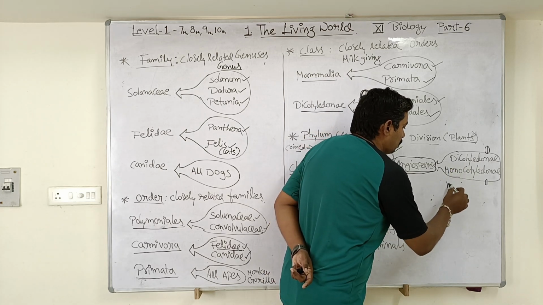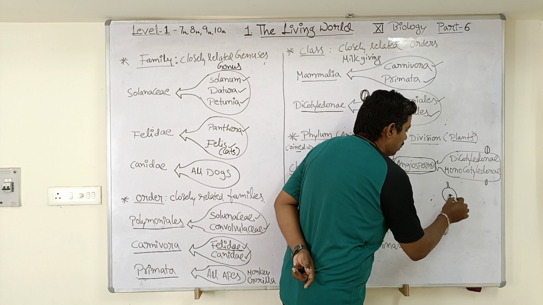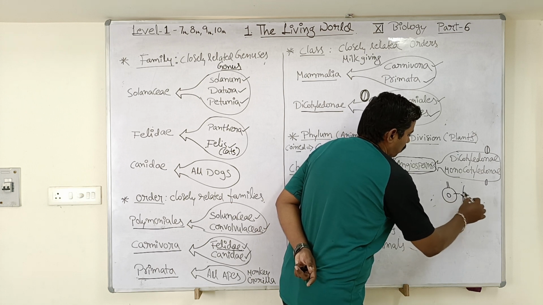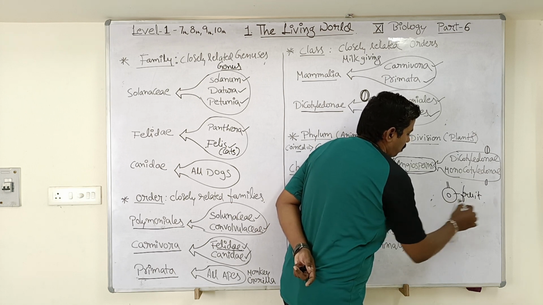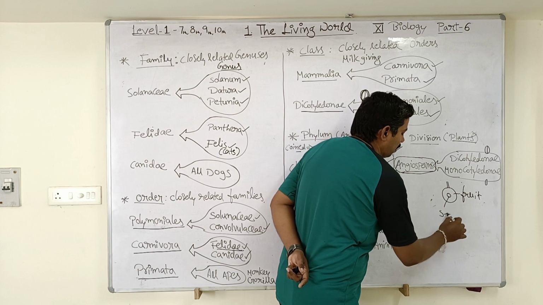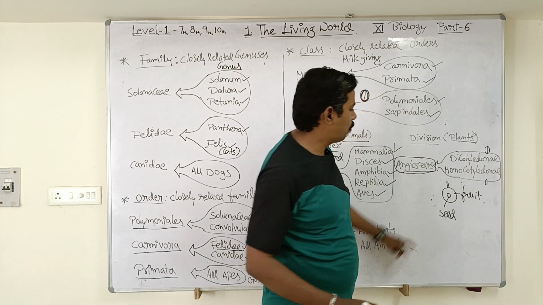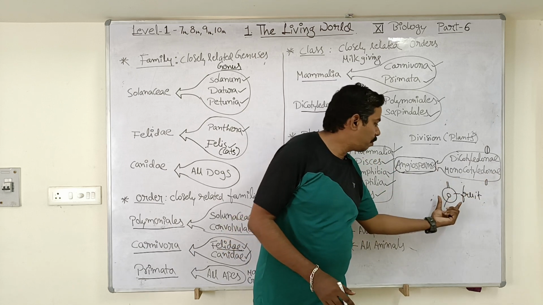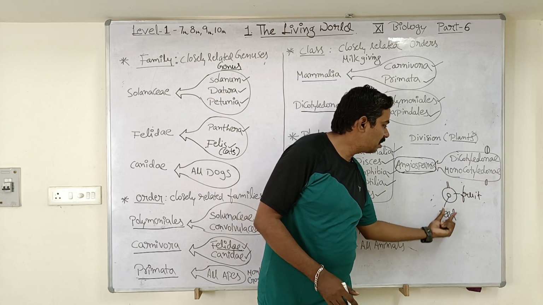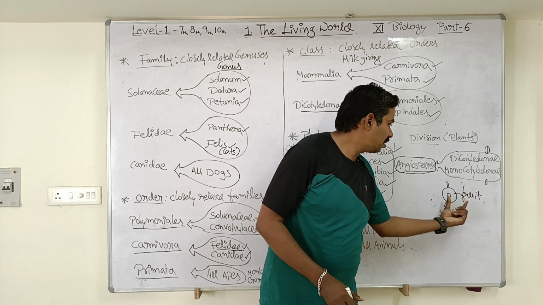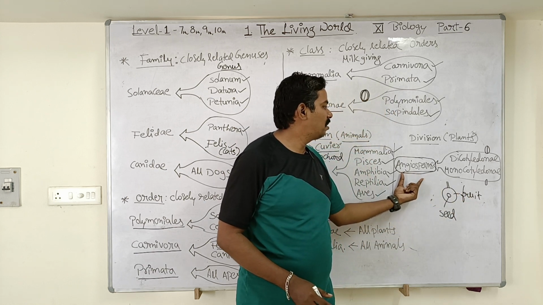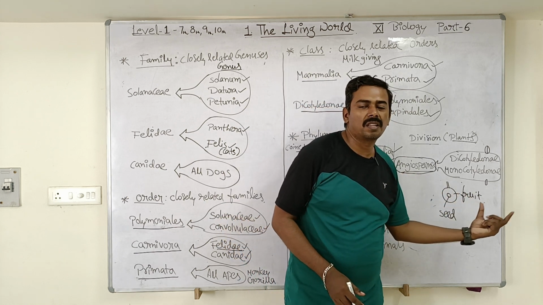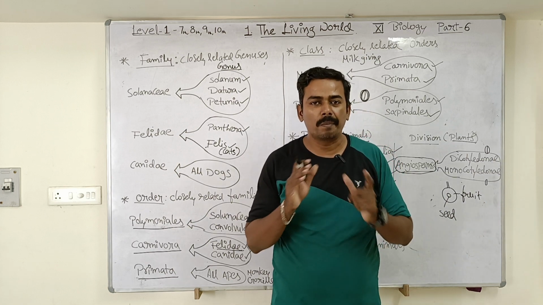Both of these plants produce the seeds inside a structure called fruit. So based upon this character, they are kept in a division called angiosperms, otherwise called Angiospermae.